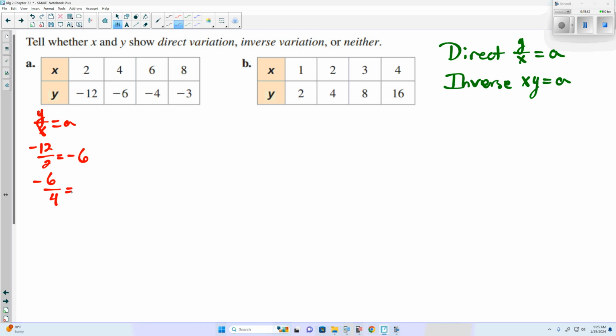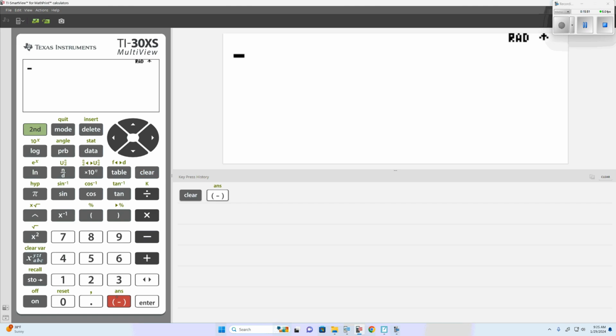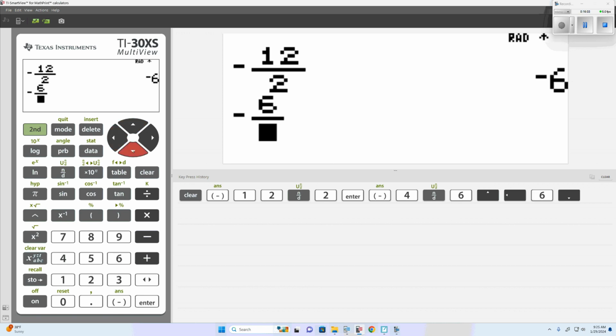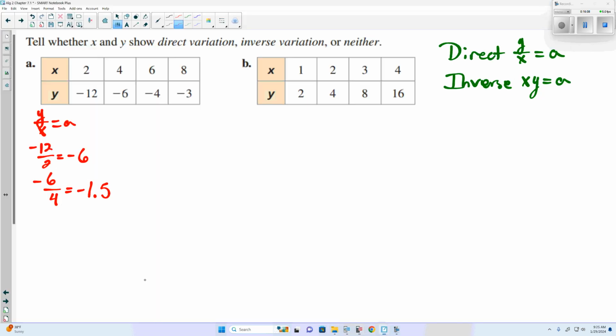Negative 6 divided by 4 is negative 1.5. Are those the same? Is negative 6 the same as negative 1.5? No. So what we can say is that this here for A is not direct.